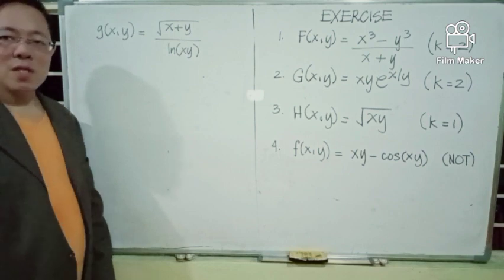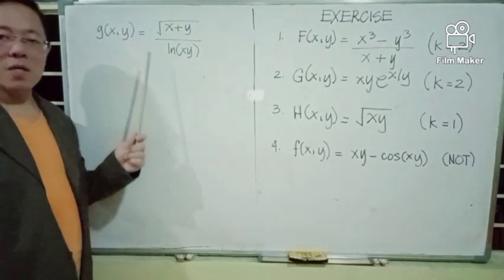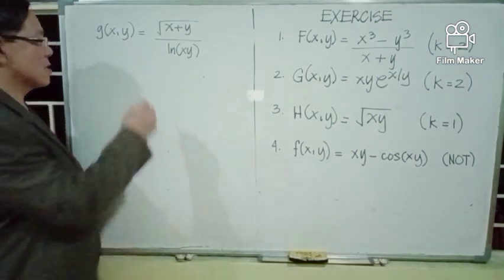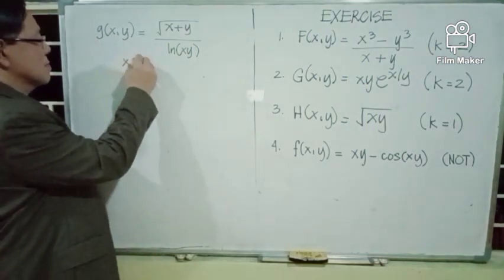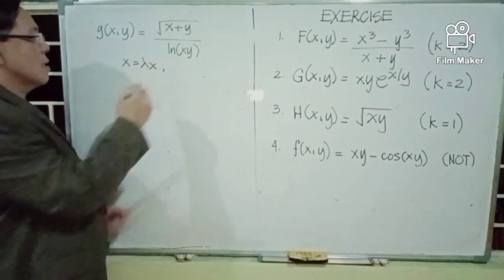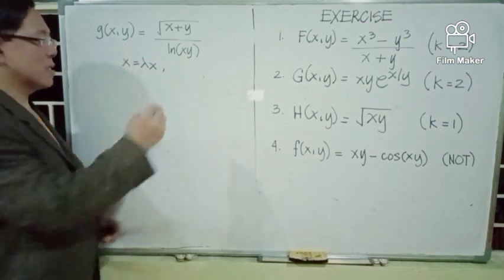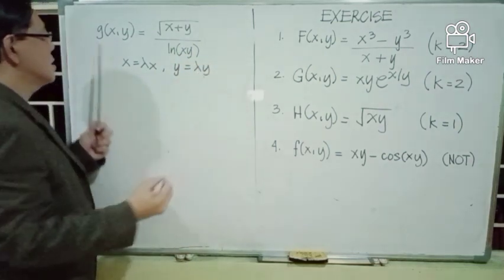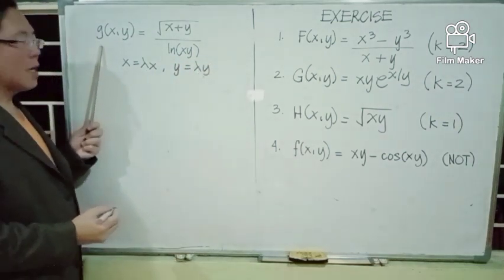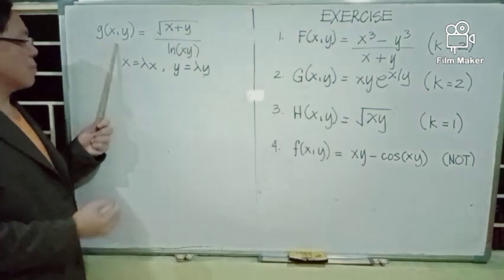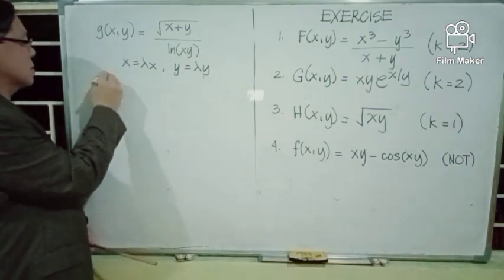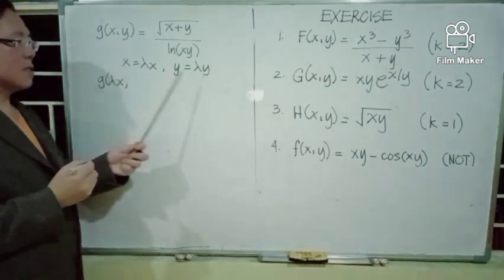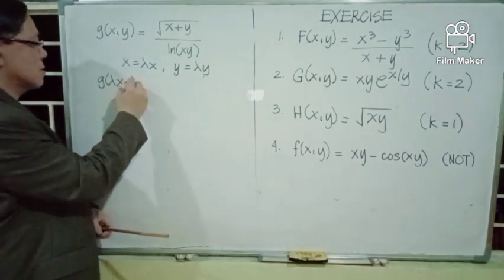And to determine if this function g of xy is homogeneous or not, we replace x with lambda x, and we replace y with lambda y. At the left hand side, we have g of lambda x, lambda y.